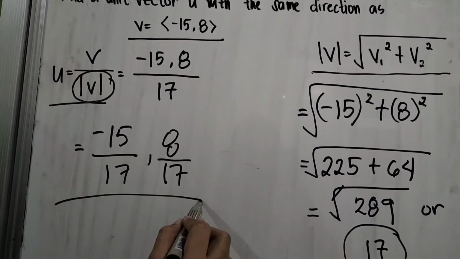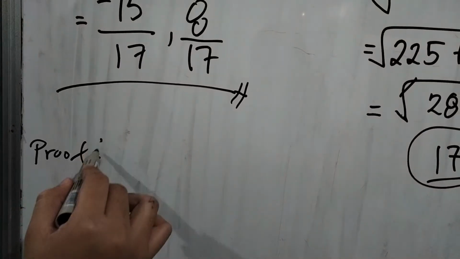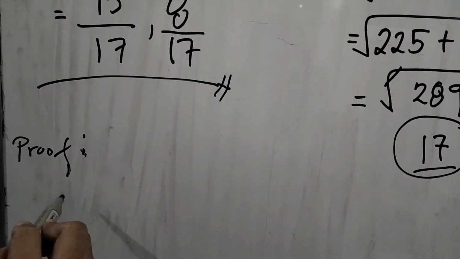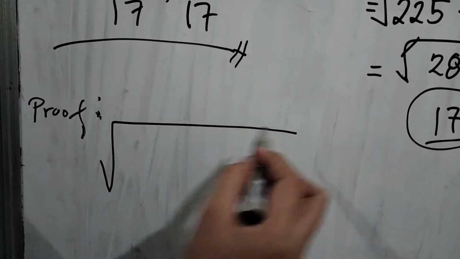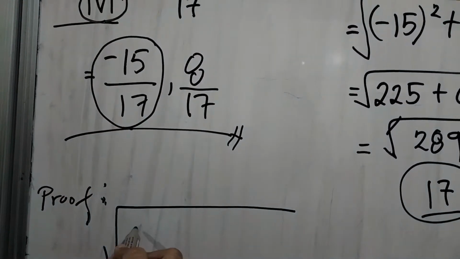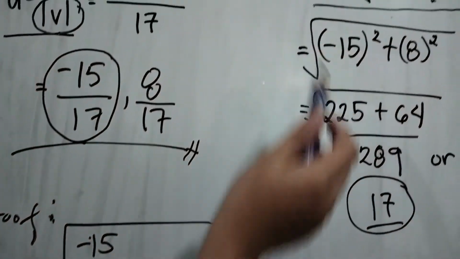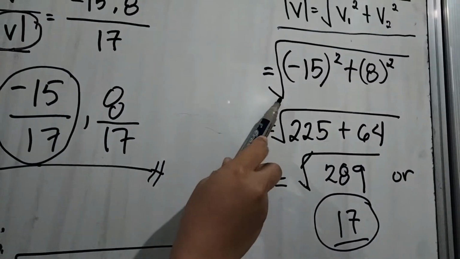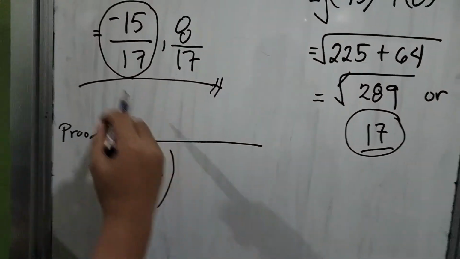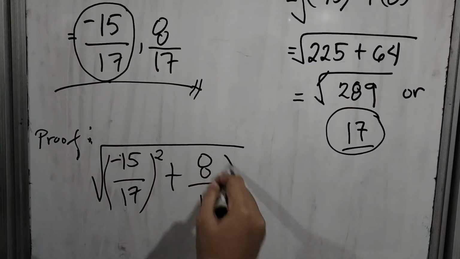So, para ma-proof natin to, for the proving, dapat yung magiging equal nun is 1. So, sa proving is square root ng V1, negative 15 over 17. Parang yung sa Pythagorean theorem, ganito lang din yung ginawa natin, pero naka-fraction na siya. Ito na yung ipoprove natin. Plus 8 over 17 squared.